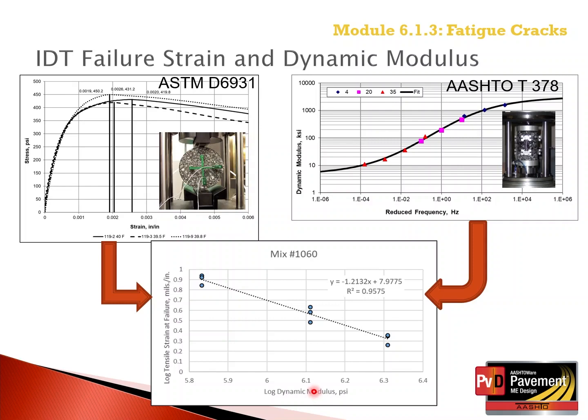The standard practice prepared for AASHTO provides more detail on deriving the fatigue strength coefficients from the indirect tensile strain at failure and dynamic modulus of the asphalt mixture in terms of the relationship between that failure strain and modulus.